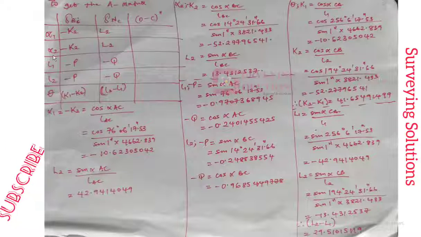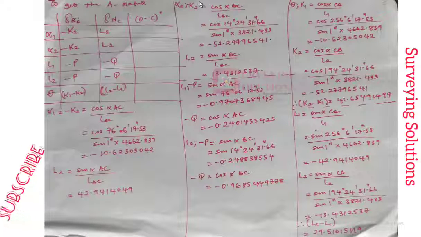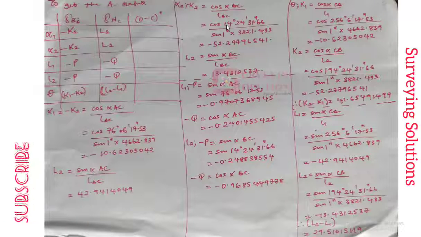Now let's move to the second bearing. Same thing we are going to do. K2 is cos bearing BC divided by length BC. Remember that as it was given in the question, we have two bearings and two lengths. The first bearing is for AC, the second bearing is for BC. That's why you can see BC, all over length BC.